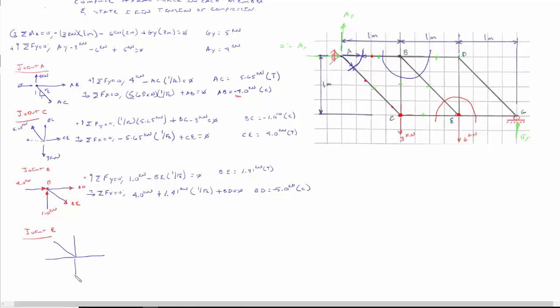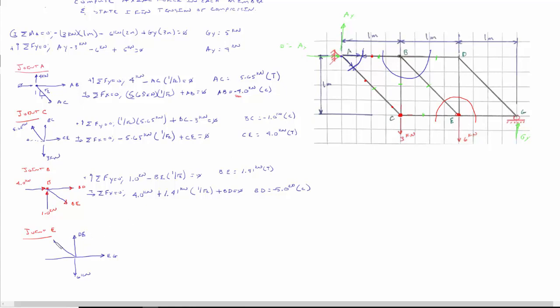So we know that this 6 kilonewton force is a given. We know we're solving for EG, so we put it in compression. We know we're solving for DE. We draw in tension. Now let's look at EB. When we go back and we look at EB or BE, we said it was 1.41 in tension.